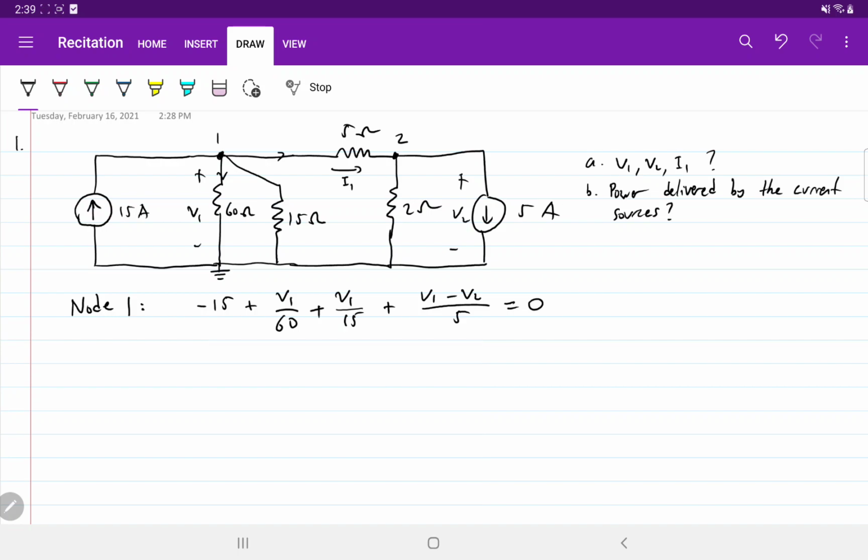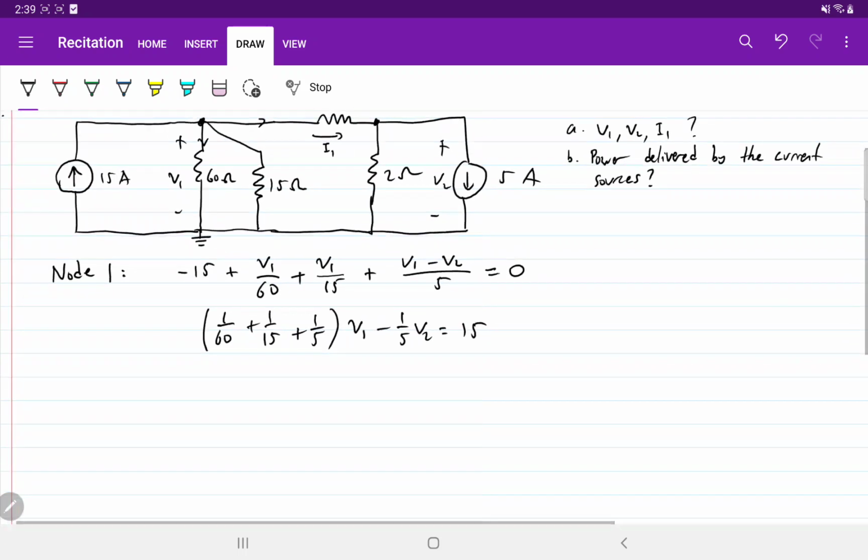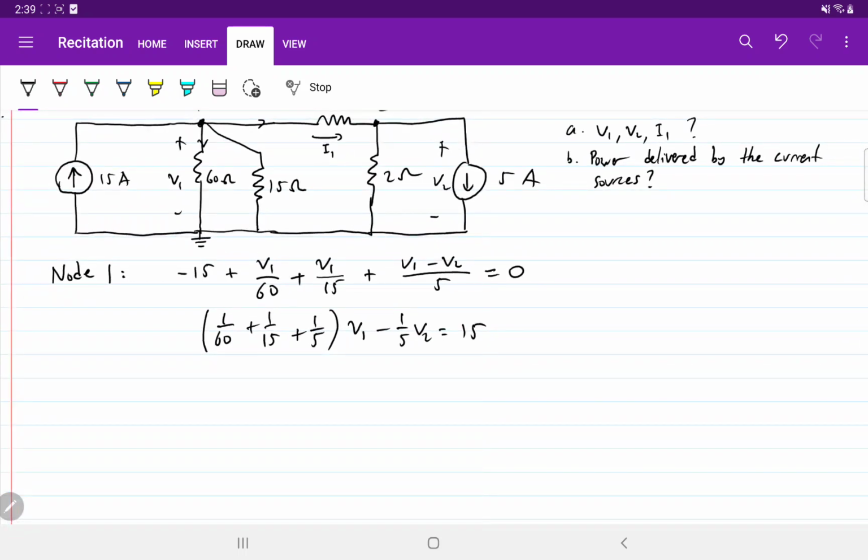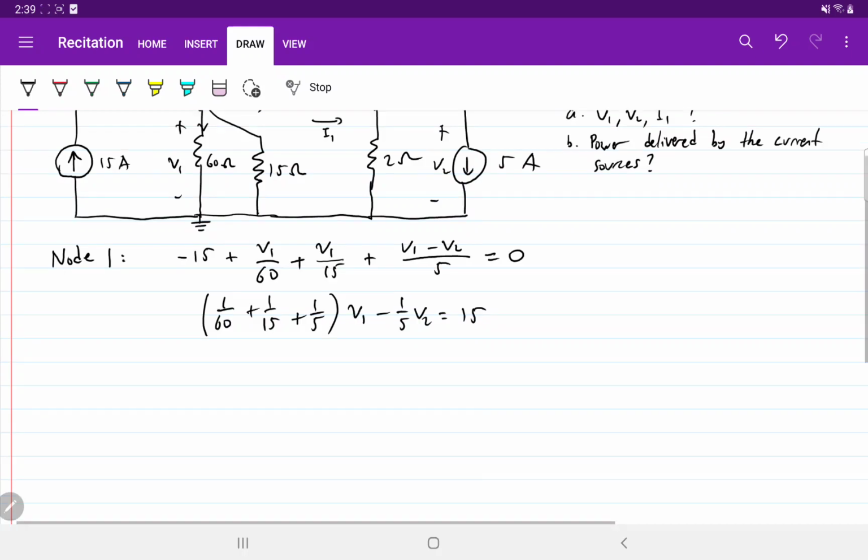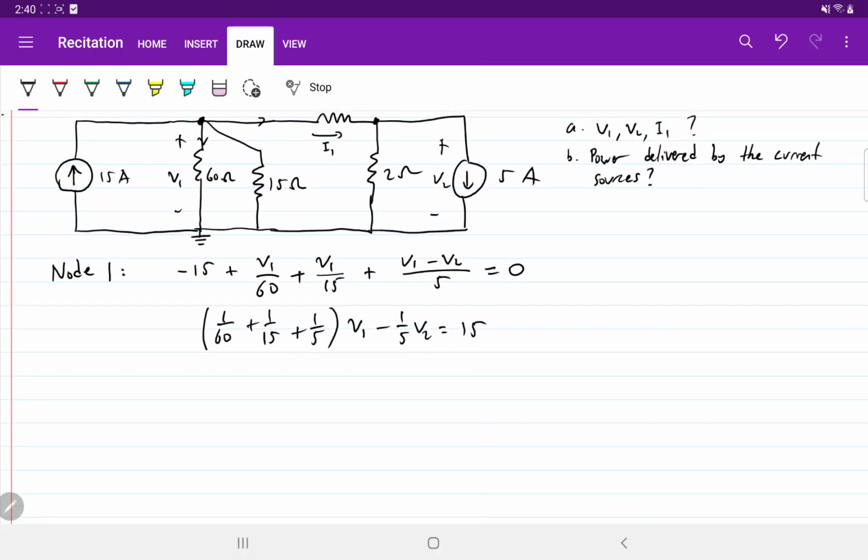And yes, you can simplify it, so let's do that. 1 over 60 plus 1 over 15 plus 1 over 5, times V1, minus 1 over 5 V2 is 15. Okay, can you simplify it further? Let's multiply both sides by 60.